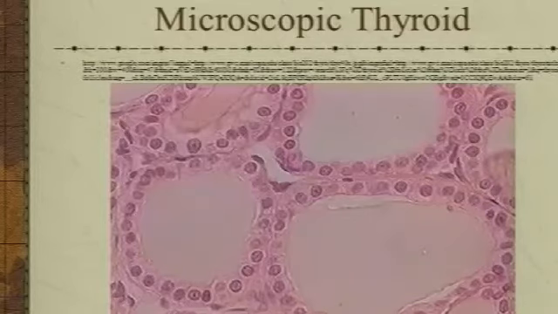The colloid is the smooth part, and the follicular cells are the cells that touch it. We need this closeness because the two of them, through a very complex series of processes, create T3 and T4. We'll talk about T3 and T4 and specifics in a slide or two.